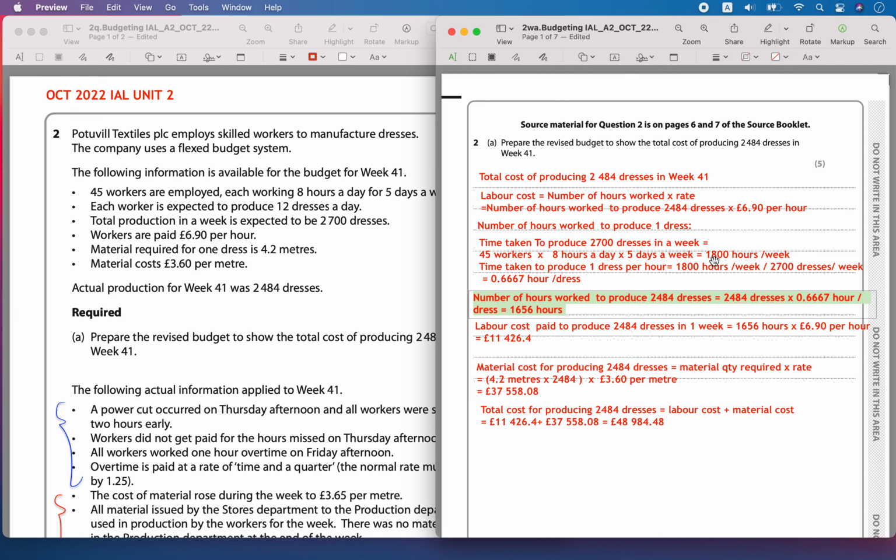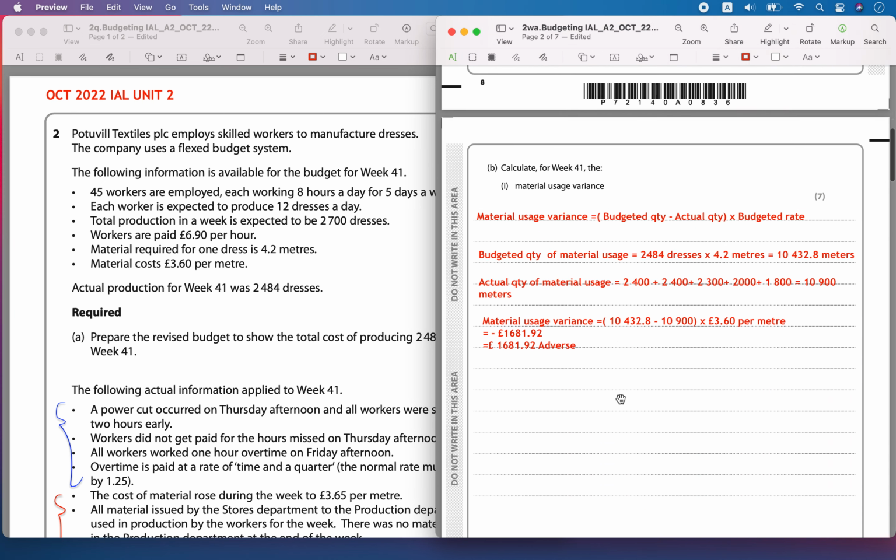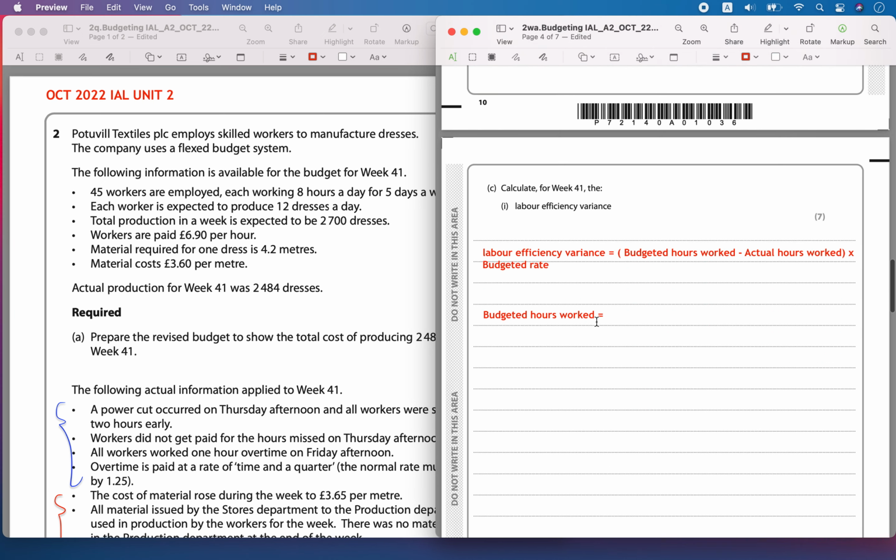You can go and see it in the first part of the question. So the budgeted hours is equal to 1656 hours, the total time taken to produce 2484 dresses.